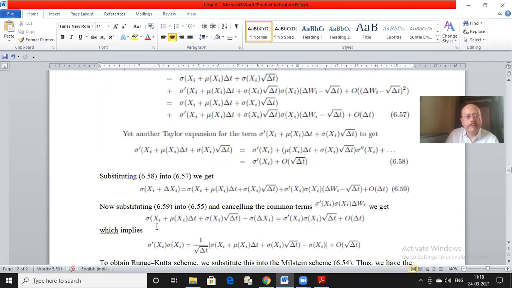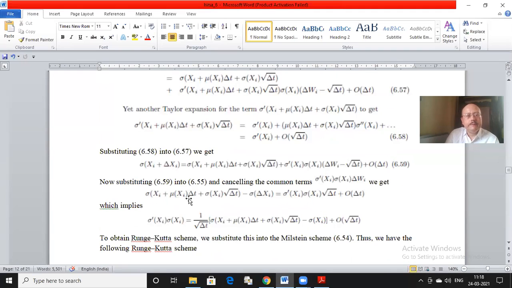So what I will finally get is sigma at this point minus sigma at delta xi equal to sigma prime sigma root over of delta t and order of delta t error, which will finally give me my approximation, numerical approximation for sigma prime. So I write sigma prime sigma as 1 by root delta t times this difference.